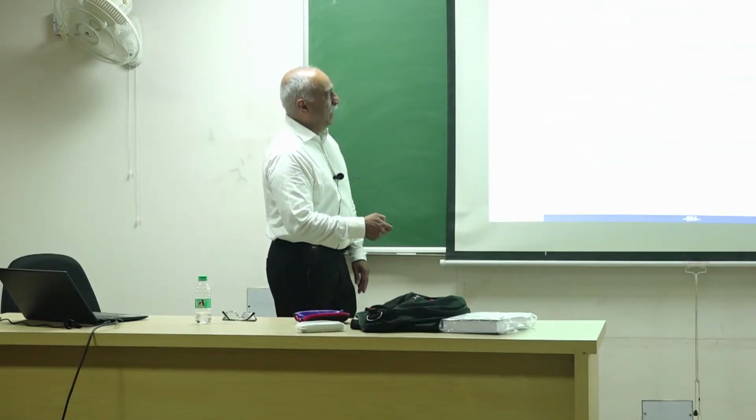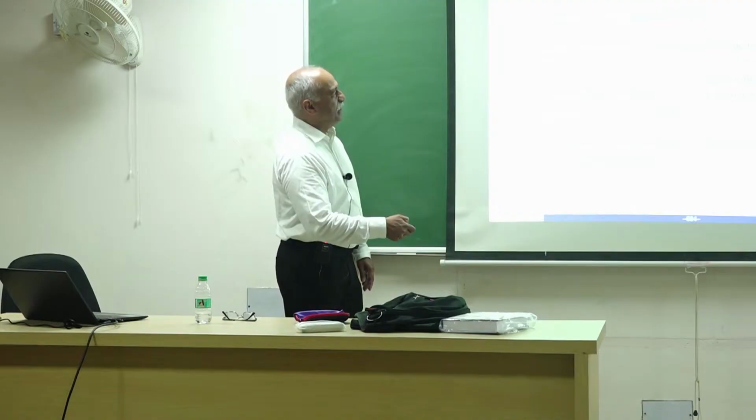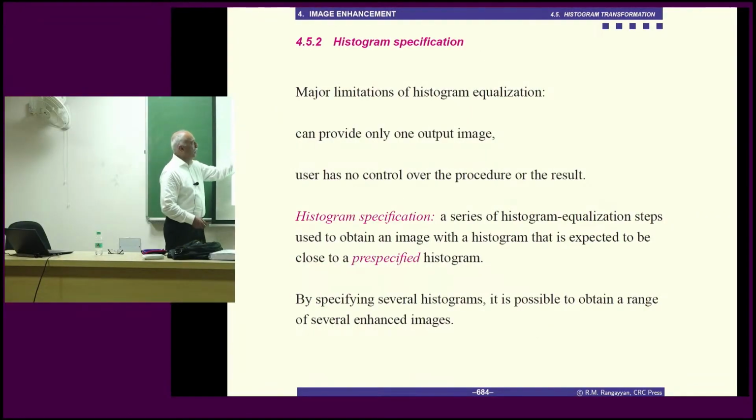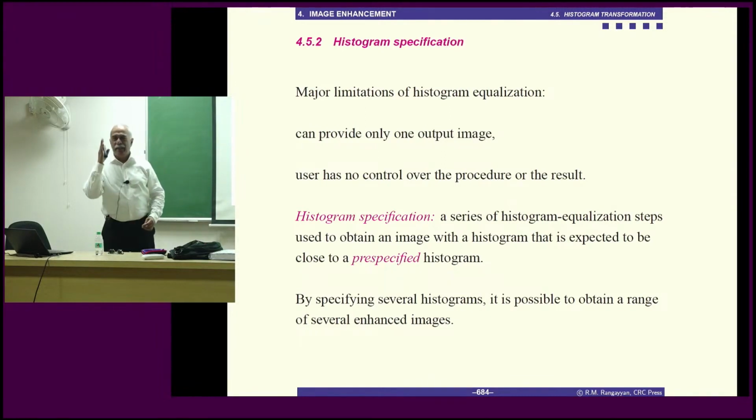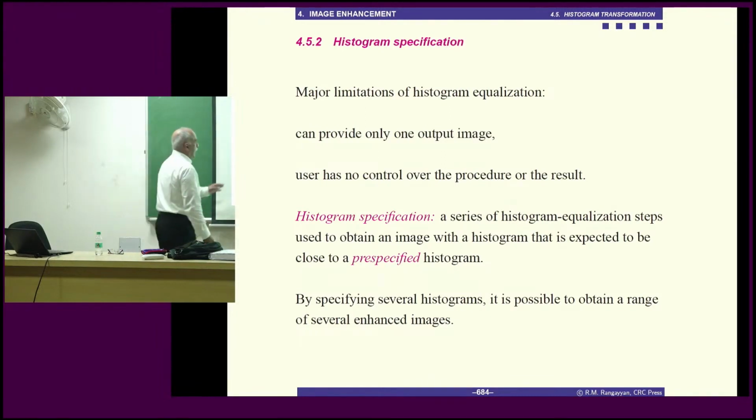And we have a series of histogram equalization steps that will give you an output that is close to the pre-specified histogram. May not be exactly the same. And if you can specify several histograms, how you do that, again, I don't know. Somehow you do that with some experience, and you can get several enhanced images, and then you can choose one of them.